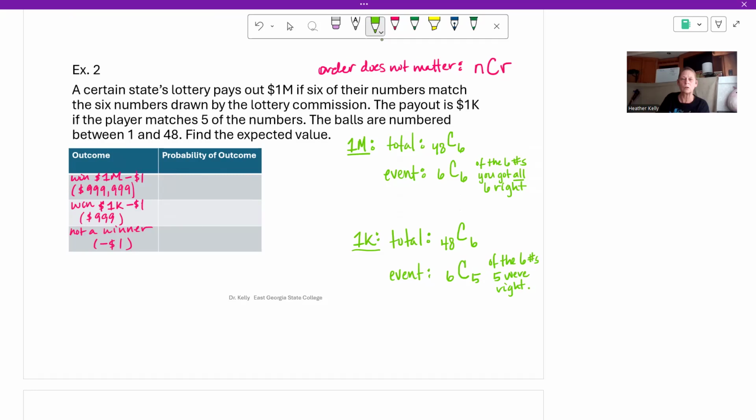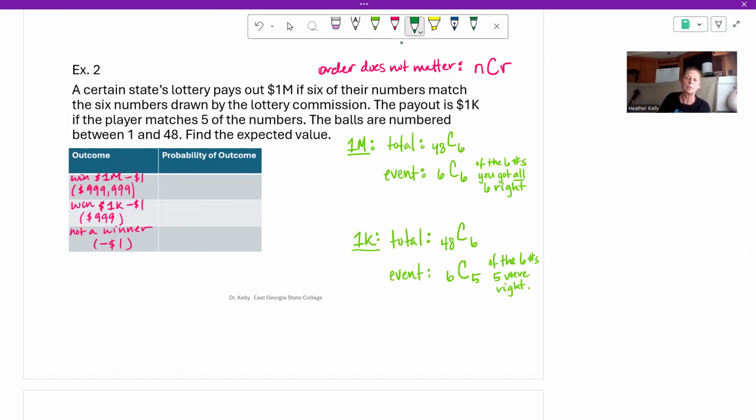All right. So that's what we're going to put together for this. And then what is the probability that you're not a winner? It's going to be 1 minus the probability that you won at least 1,000, right?